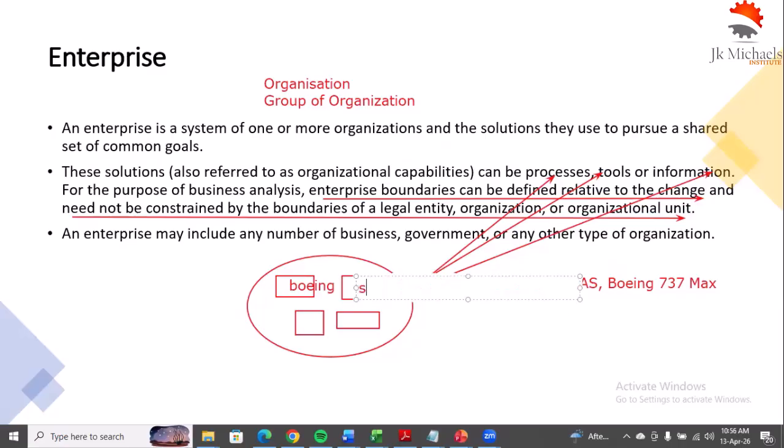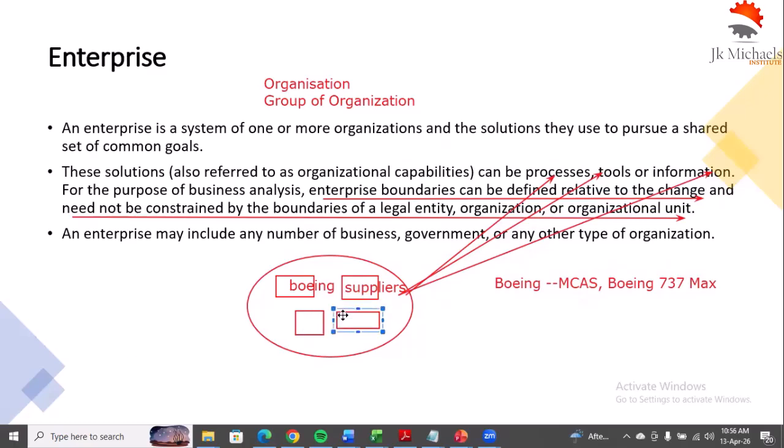Their suppliers, including the engine manufacturers, which might have been Rolls-Royce or General Electric, will be part of the enterprise relating to the change. The regulators, right?